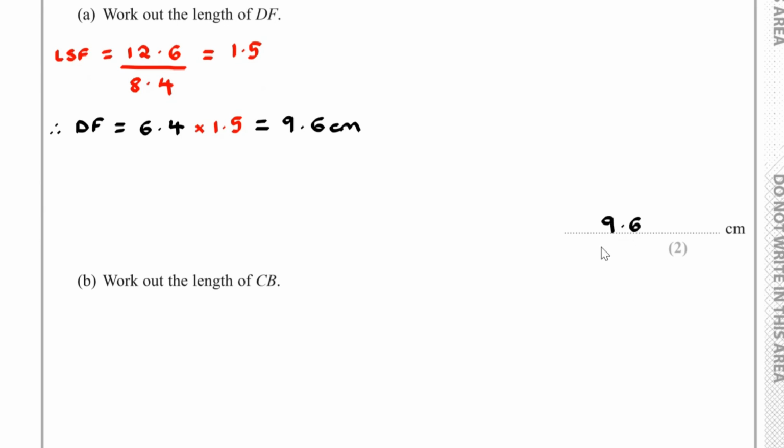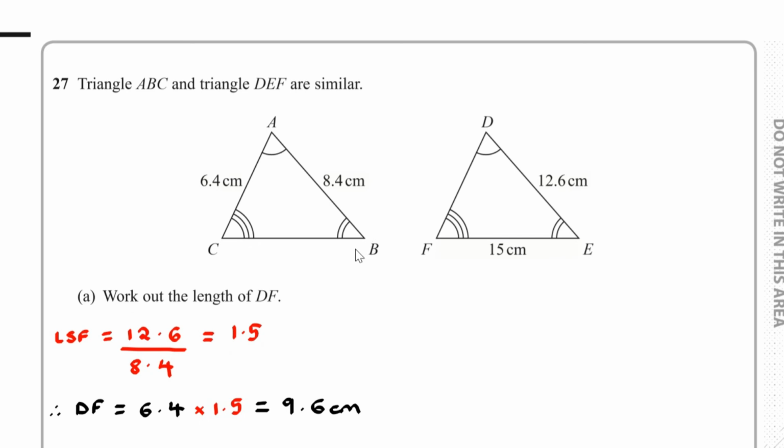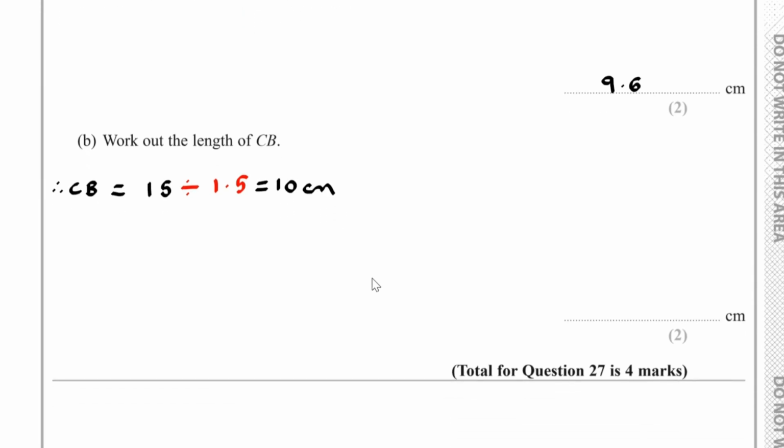Then we have to work out the length of CB. Well, we've got this 15, the length FE, which corresponds to CB. So to find out what CB is, we would have to do 15 divided by 1.5, which is 10. So we have 10 centimeters.